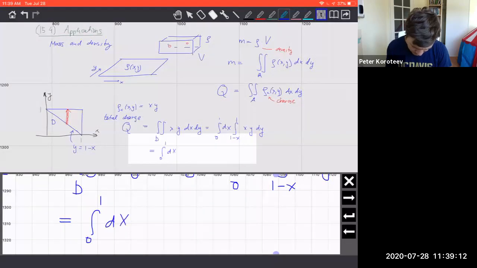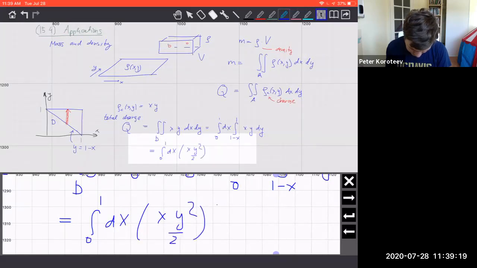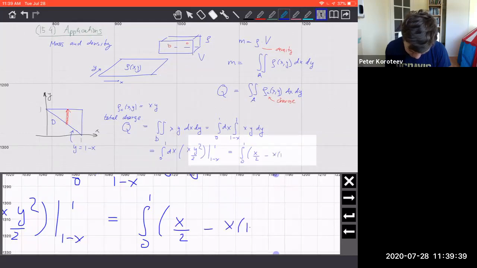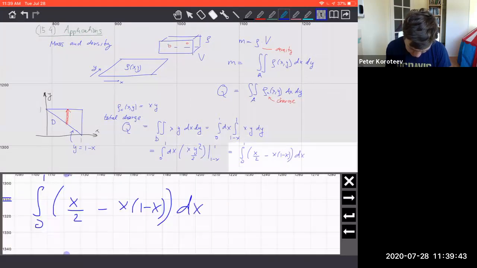Which brings us to x y squared over 2 between 1 minus x and 1, or the integral from 0 to 1 of x times 1/2 minus x times (1 minus x), dx.